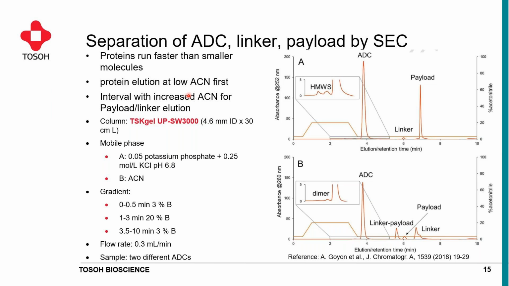So this paper actually developed a very clever method in order to have both separation of the ADC and of the linker and the payload. The way they did it is they initially used a mobile phase with just a very low amount of organic solvent, and this is where very likely our proteinaceous molecule is separated.